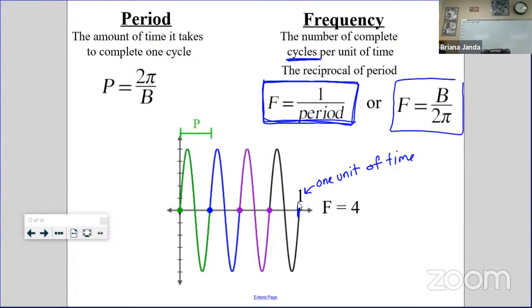I would continue to find B the way that we've always found B, 2 pi divided by the period. And then just remember the relationship between period and frequency is that they are just reciprocals of each other. For example, if they say that the frequency is 4, that means that the period is 1/4. Not a lot of work to do between those two. You just flip one upside down and you get the other.